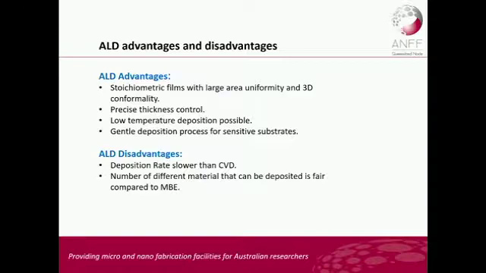If you're using a sensitive substrate, you can use ALD. But the disadvantage of ALD is the deposition rate is very low. So if you want a very thick layer, you cannot choose ALD, because every time it only grows one atomic layer.